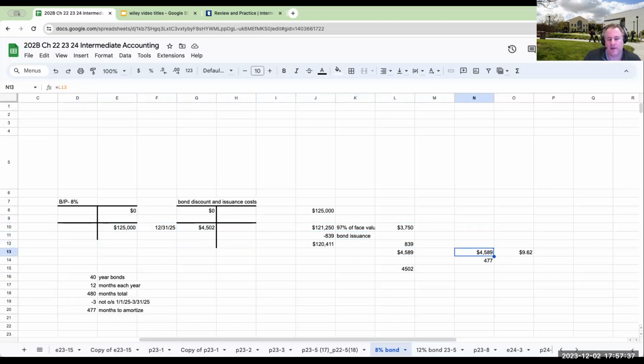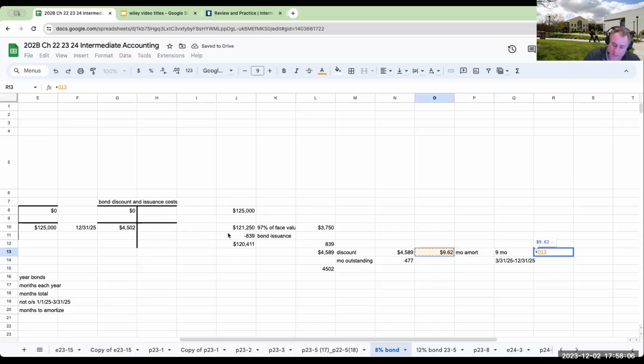Well, if I take the amount of the discount and the months outstanding, I'm going to get 9.62. This is my monthly amortization. During 2025, it was outstanding for 9 months, or from 3/31/25 to 12/31/25.